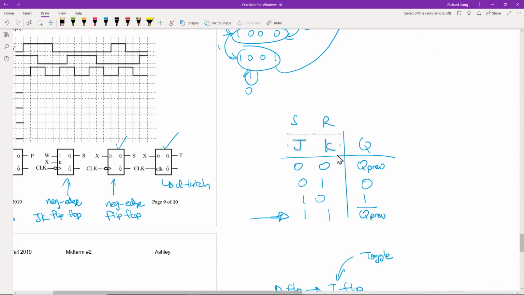The person who designed the JK flip-flop, I think his name was Jack Kilby, named it after himself, took his initials. So it's a little harder for people to remember what JK does. But ultimately it's the SR flip-flop, but it overrides what the use is for that one bad case. Is that good?